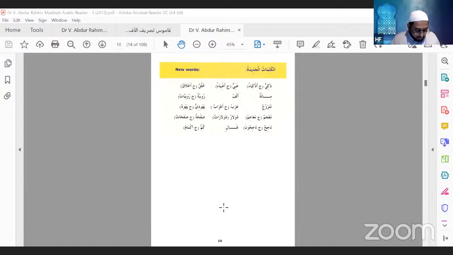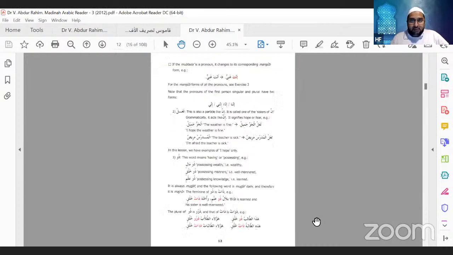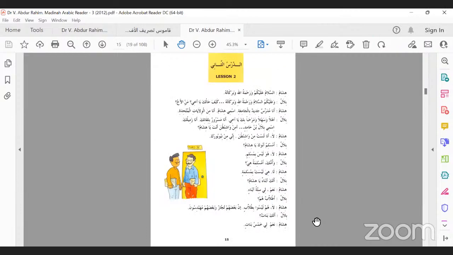Or tu'tunna. What happens is that because it has a weak letter, when you do the plural, the singular and the plural both come exactly the same. These are the technicalities, the exceptions in regards to the weak letters. Okay, thank you.